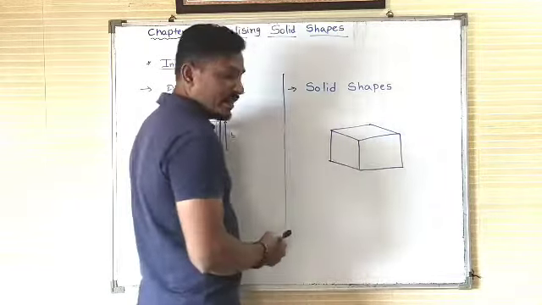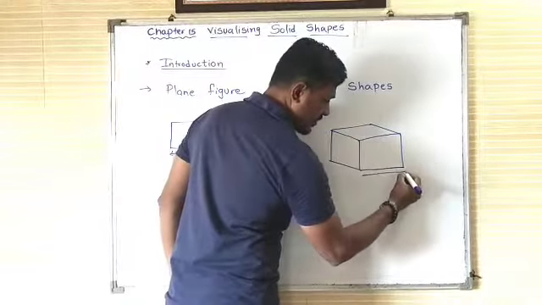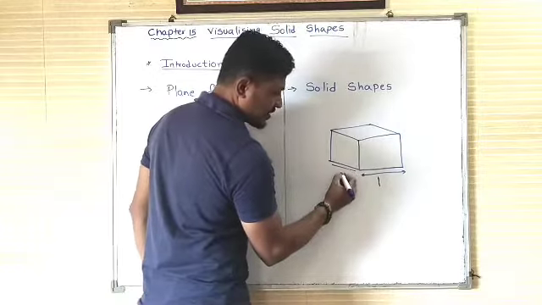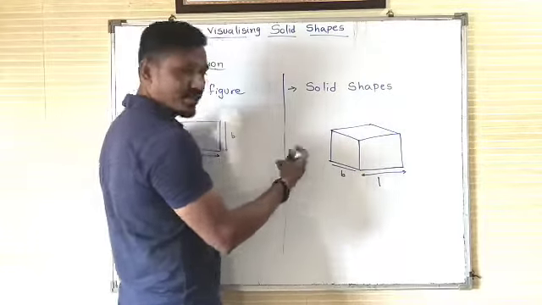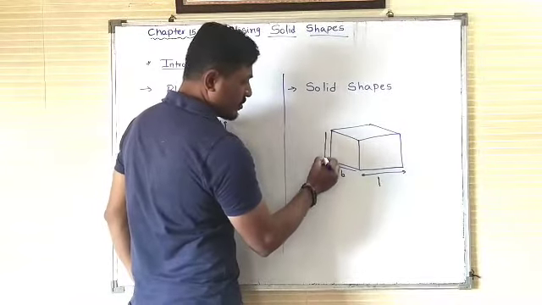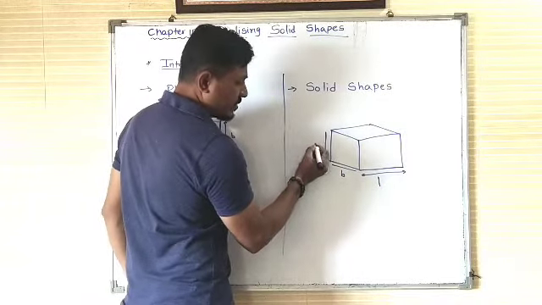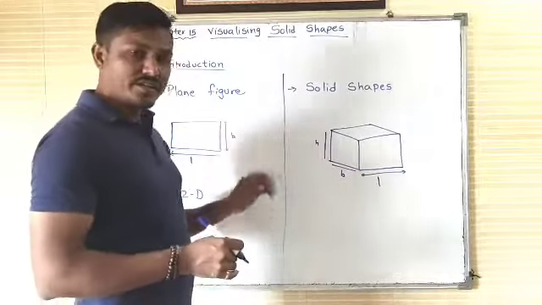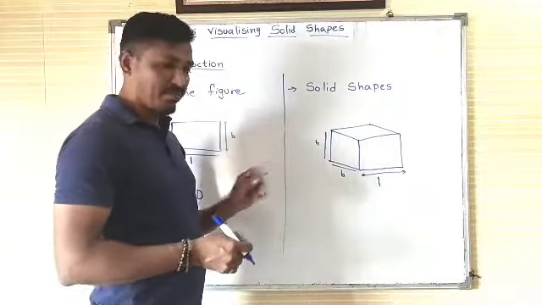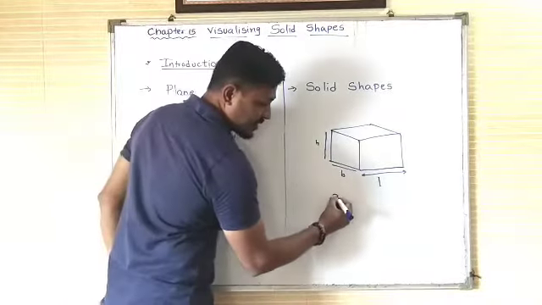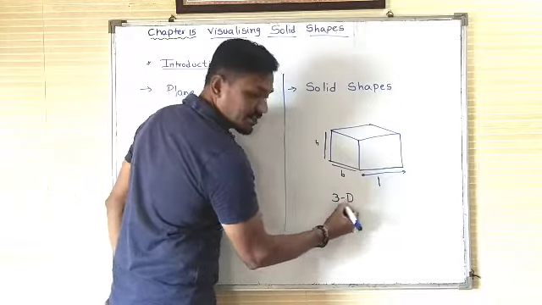Here it is length, here it is its breadth, and what extra thing do we have over here? We have its height also. So any shape which has depth in it, we can consider as a solid shape. Now it has three dimensions, shortly written as 3D.